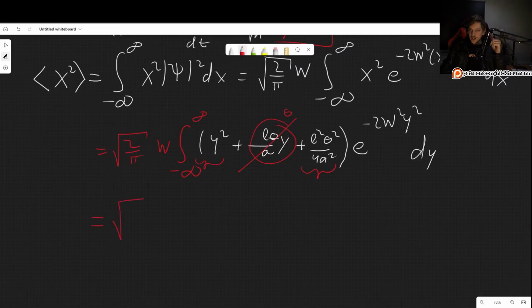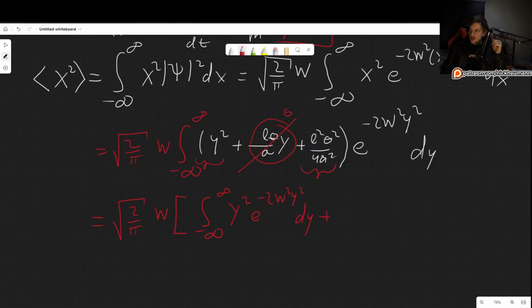Now let's write the constants in the front as usual and separate these two integrals so that we can attack them separately. So we have the integral of y squared e to the minus 2w squared y squared dy.